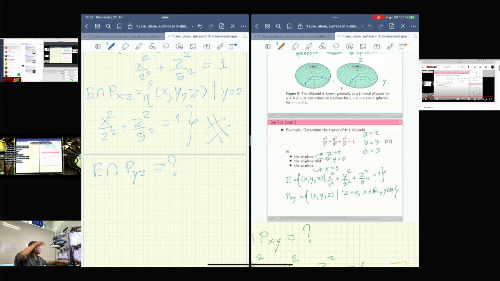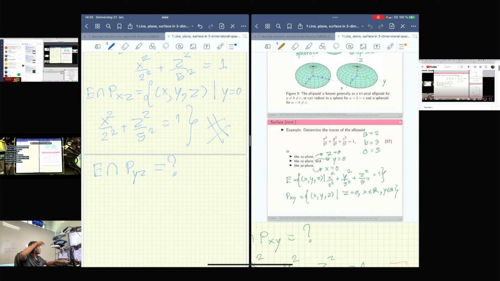y z, when x is equal to 0, will be the set of x, y, z given x equal to 0 and y squared by 3 squared plus z squared by 5 squared equal to 1, closing parentheses.